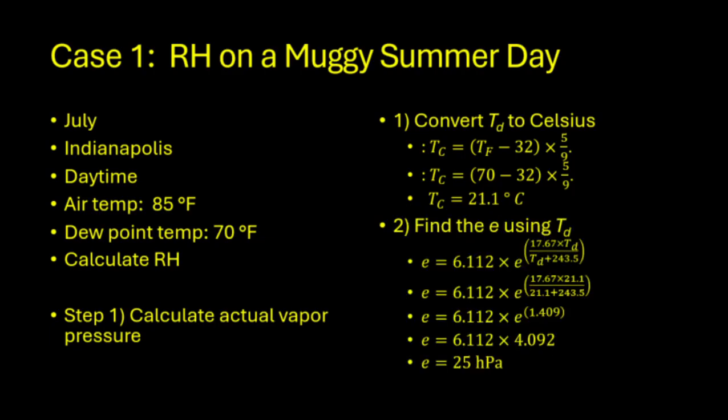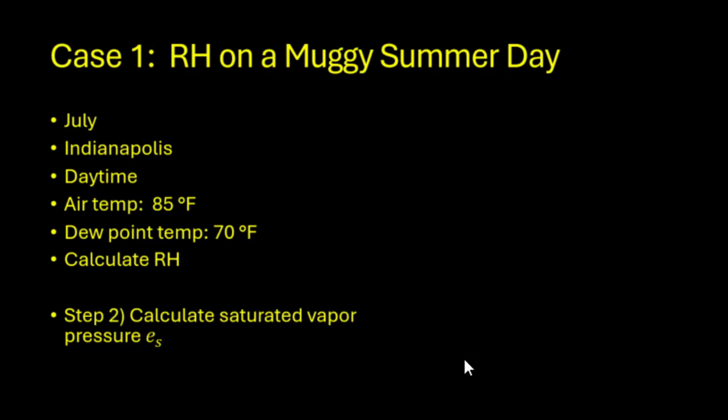We then take that dew point temperature and put it into the formula. You can see the formula is 17.67, then we plug in 21.1, and then we use our scientific calculator. E to the exponent 1.409 gets 4.0, and the end result for the actual vapor pressure is 25 hectopascals.